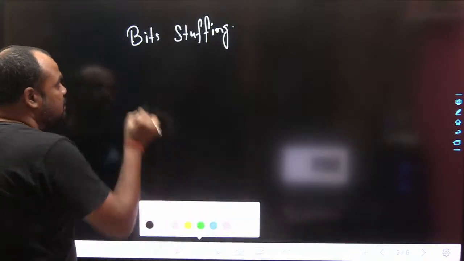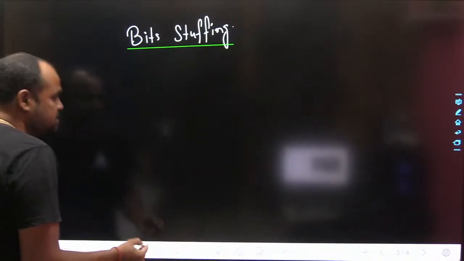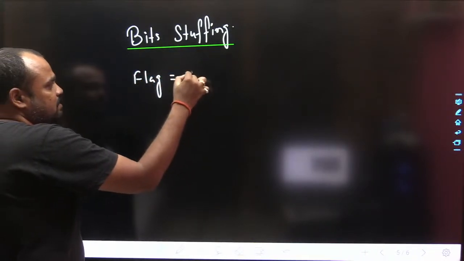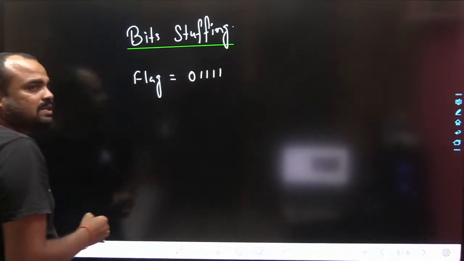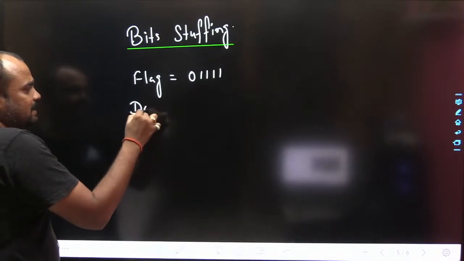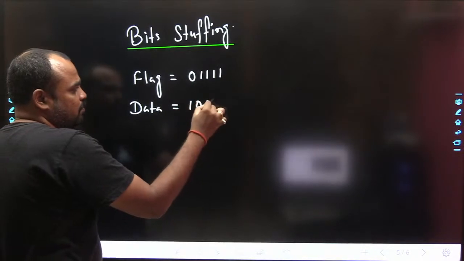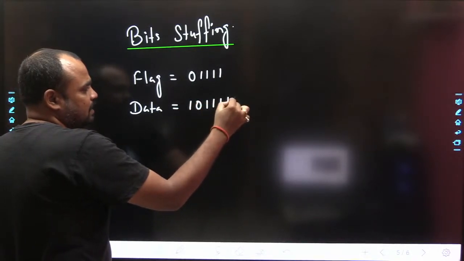So just see over here. Suppose we are using the flag pattern 0 followed by 4 ones, and the data that the sender wishes to send is 1 0 1 1 1 1 0.